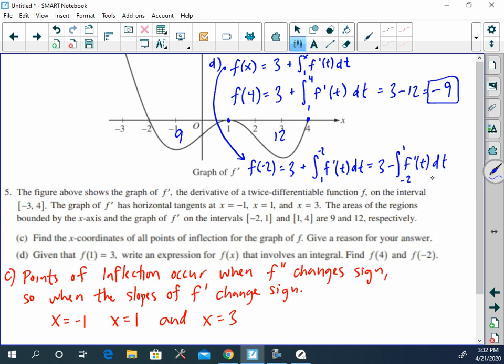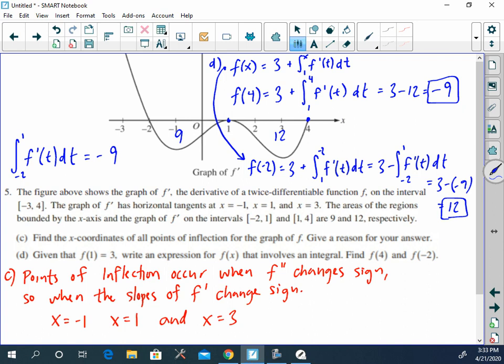So I have 3 minus, and then if I go from -2 to 1, so let's just do this off to the side here. The integral from -2 to 1 is going to be -9 because it's below the axis. So I'm subtracting a -9. So I end up with 12 for that answer.